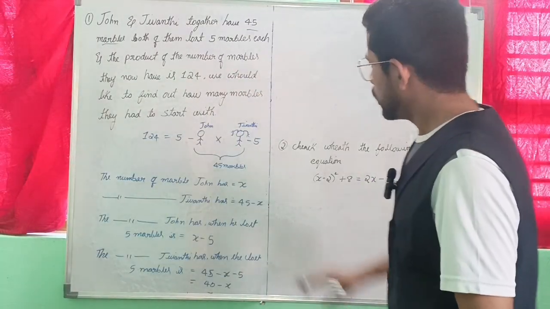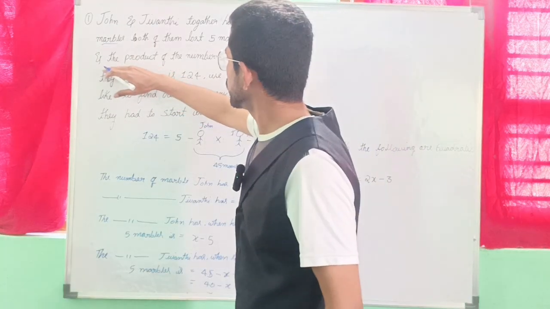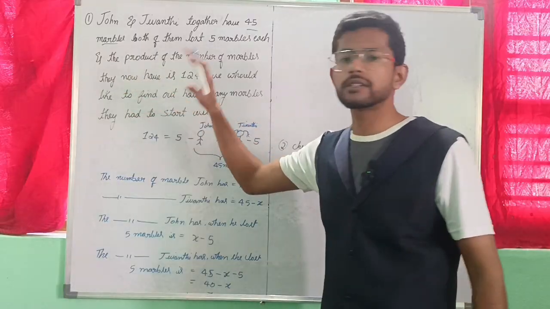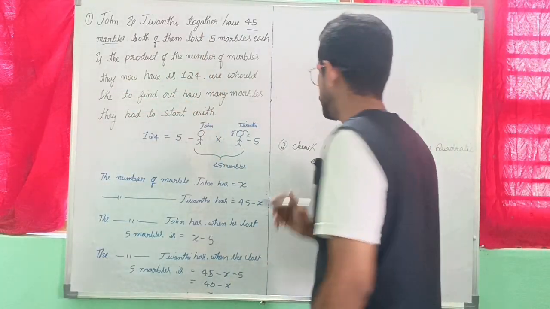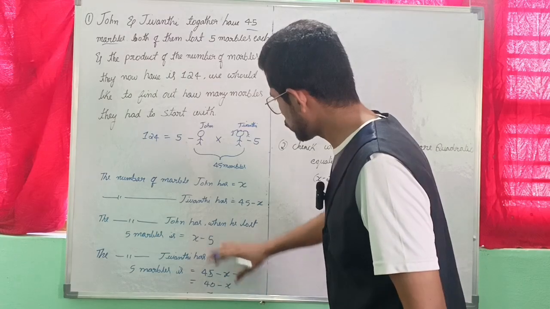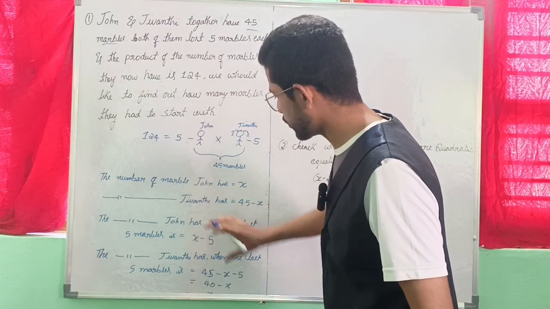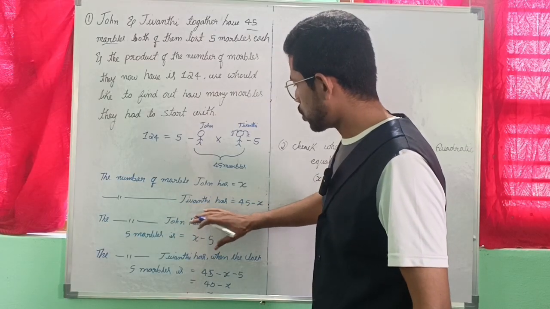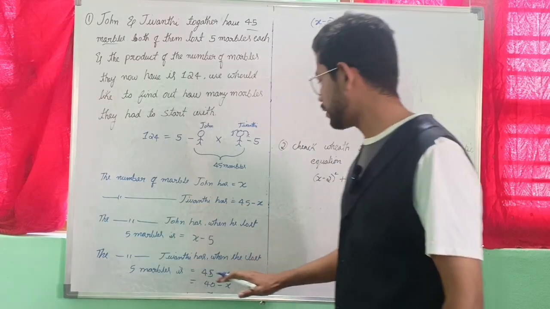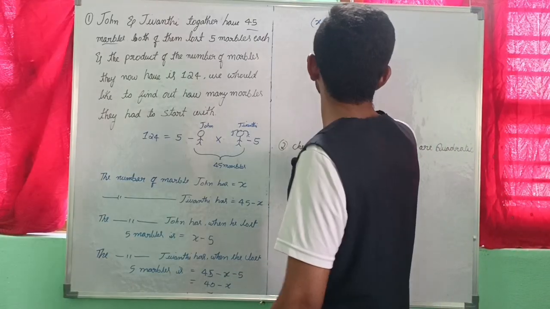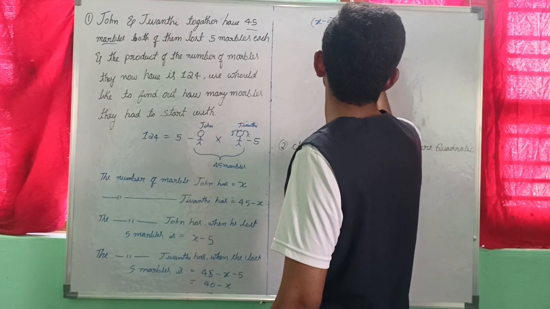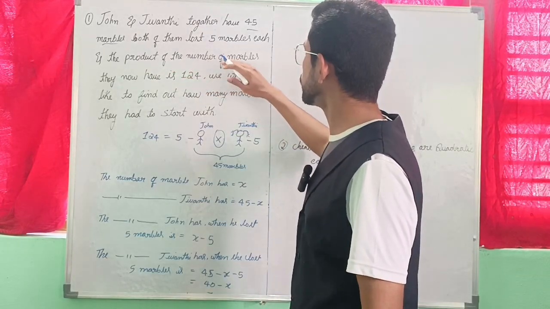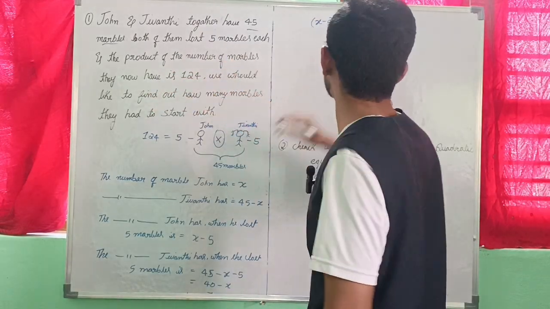Now, the product of the number of marbles they now have is 124. Let's write that. The product of the marbles John has, x minus 5, and Jivanti has now, 40 minus x, is 124.